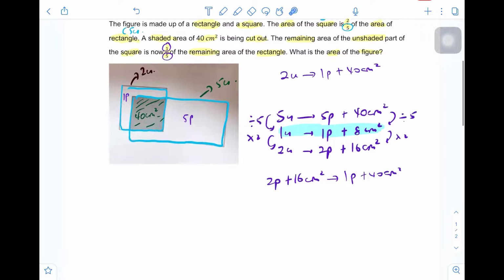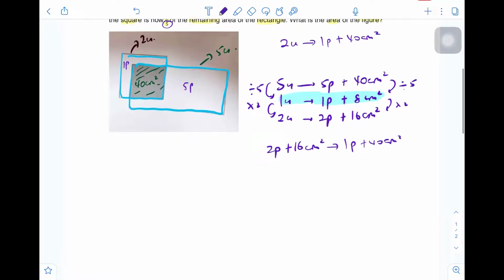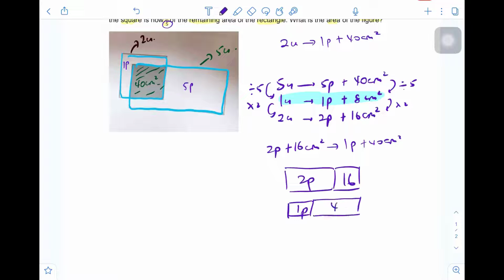To solve this for the parts, what we can do is draw a model. So we have 2 parts plus 16 is equivalent to just 1 part plus 40. These two are the same.